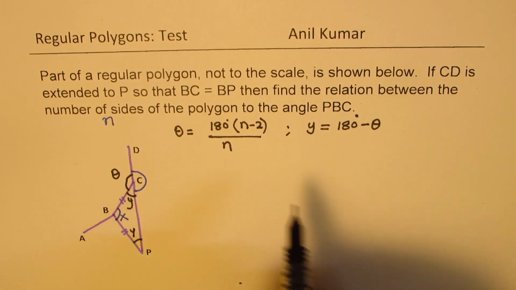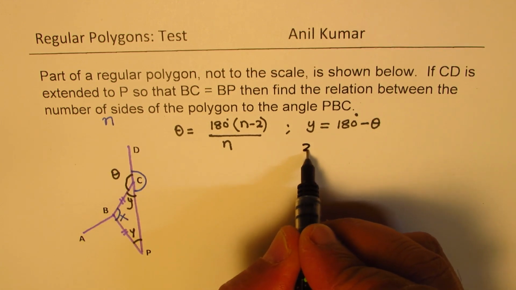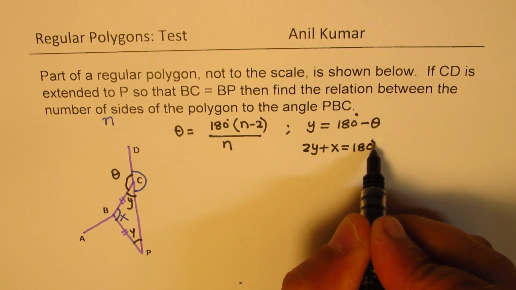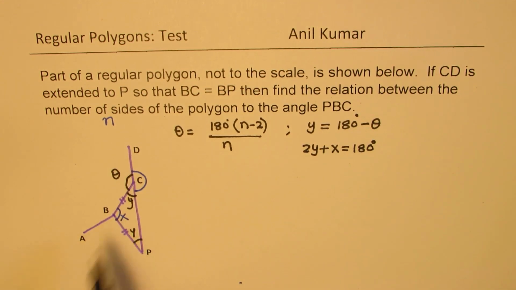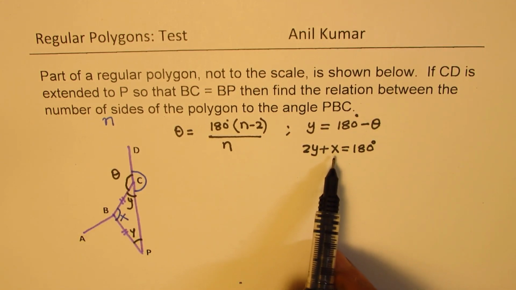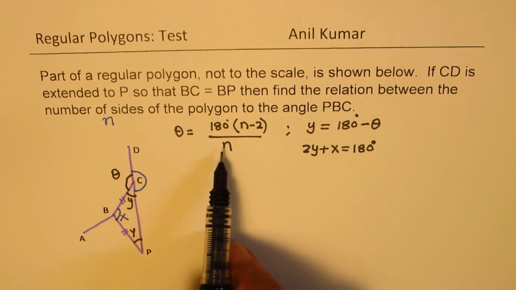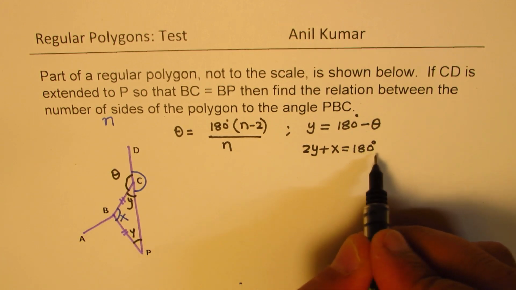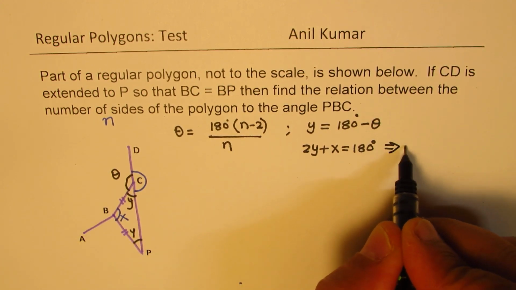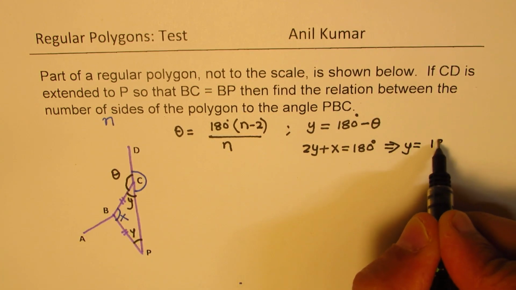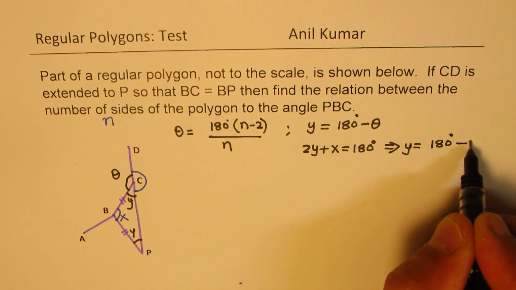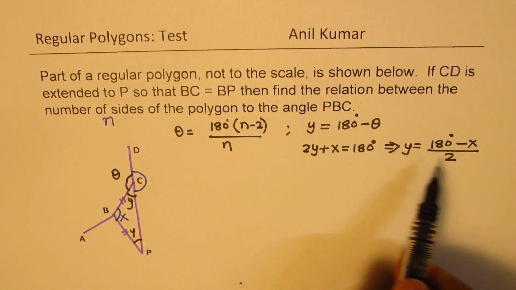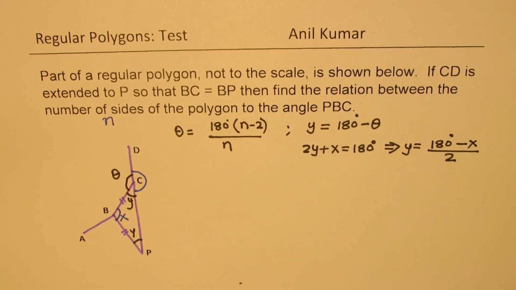From here, we know that 2y plus x is equal to 180 degrees. We need to find the relation between the angle x and n. So let's write y in terms of x. From here, we could write y equals 180 degrees minus x divided by 2, right? So that becomes the value of y.